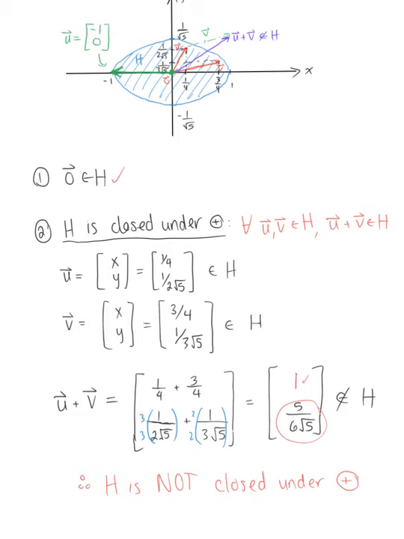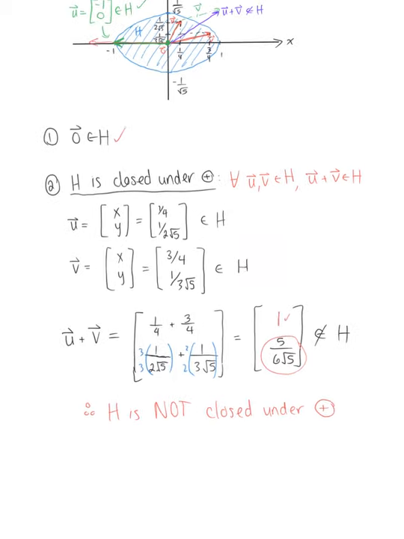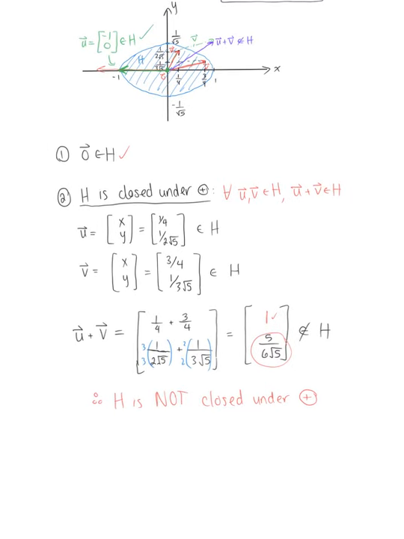So we can see in looking at our geometric interpretation that this vector lives in H, no problem at all. But if we multiply it by a scalar that's bigger than 1, we're going to end up with something that extends past space H. So let's look at this algebraically. Let's keep that picture there.